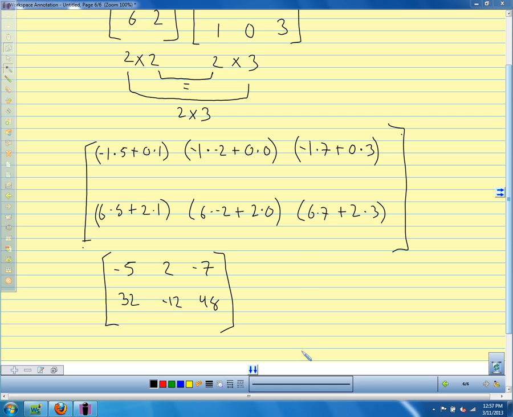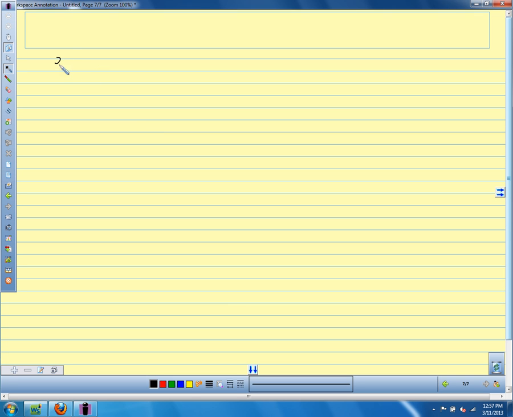So let me do another example. I'll do a 2 by 2 multiplied by a 2 by 2. Any questions on what I did here? All right, so let's look at my 2 by 2. I have 2, negative 5, 9, 7.